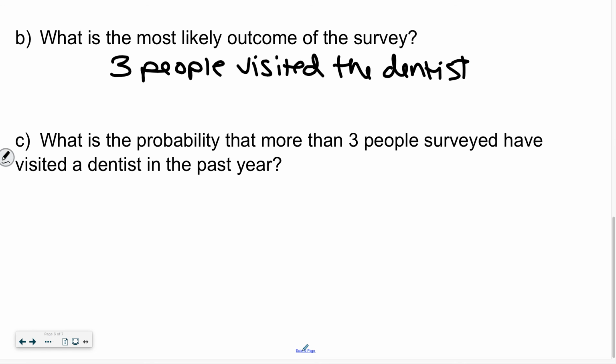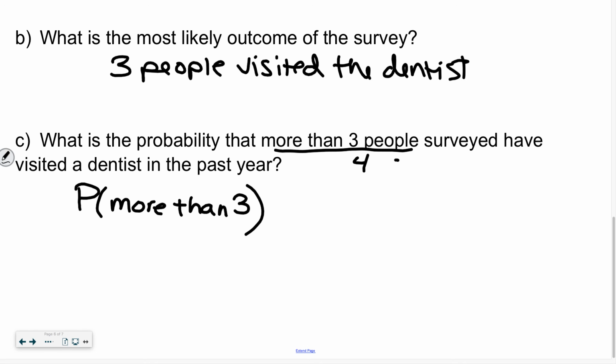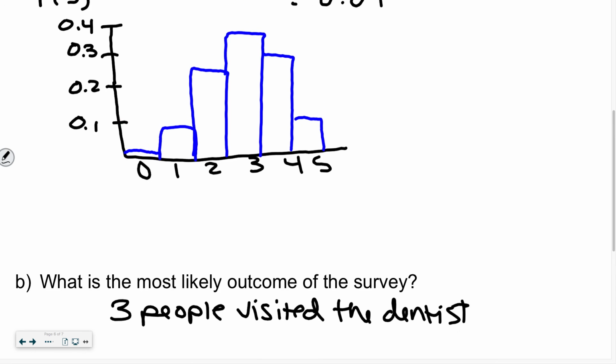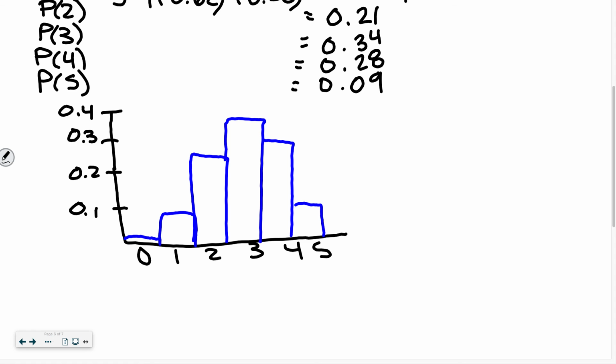Well, so I'm going to write it out with probability notation. Probability more than 3. What kinds of outcomes when you survey your people are more than 3? 4 and 5. 4 or 5, right? More than 3 people would be 4 people or 5 people. So you just go up to your probability distribution or your histogram and add up those numbers, right? Is that what you did, Lexi?